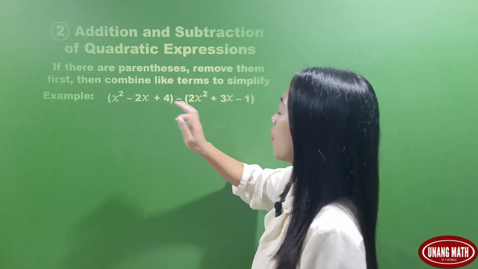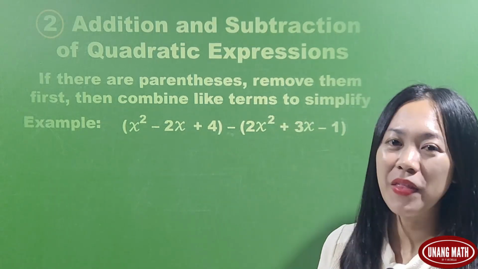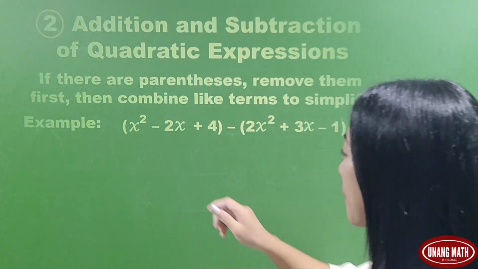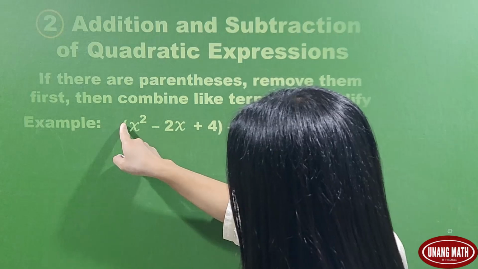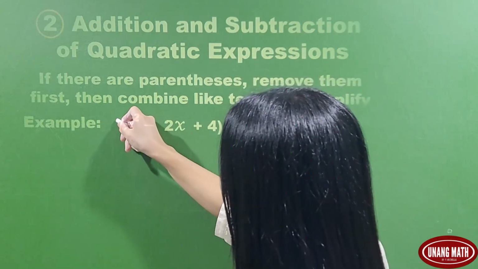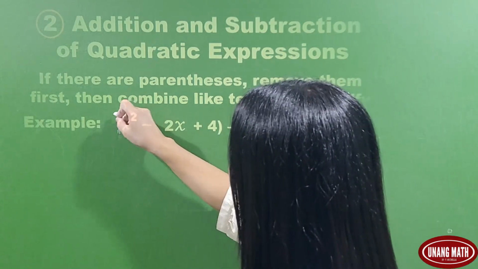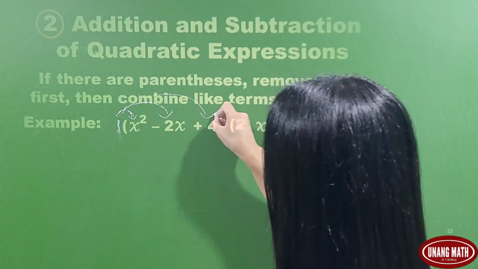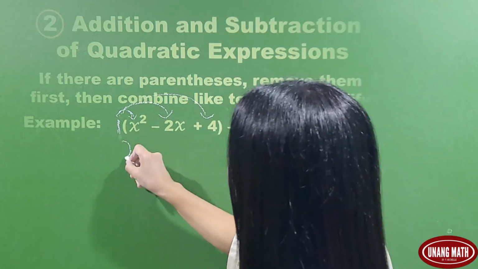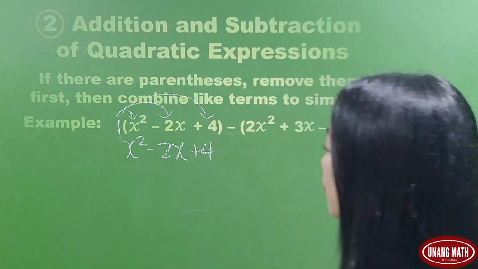First, we have to remove these parentheses, and we can do that by using the distributive property. If you cannot see a number outside the parentheses, that means the number is 1. So 1 times each term inside the parentheses. Since this is 1, we will just get the same expression. So this is x squared minus 2x plus 4.